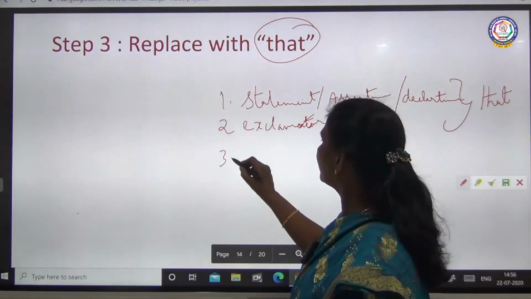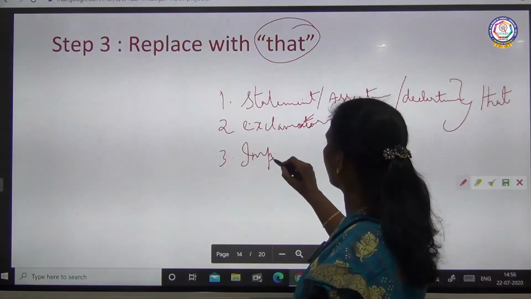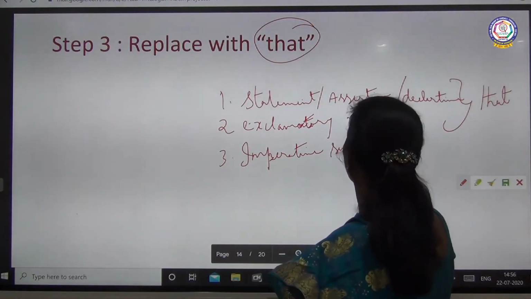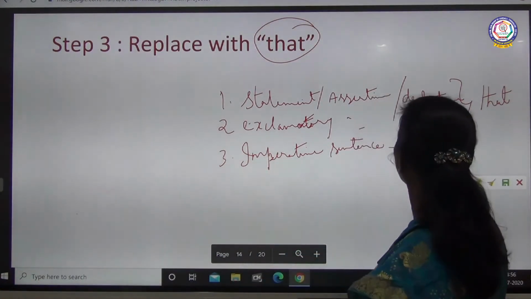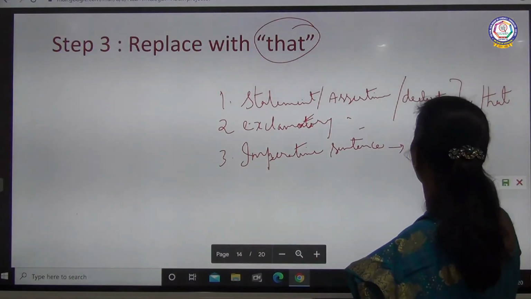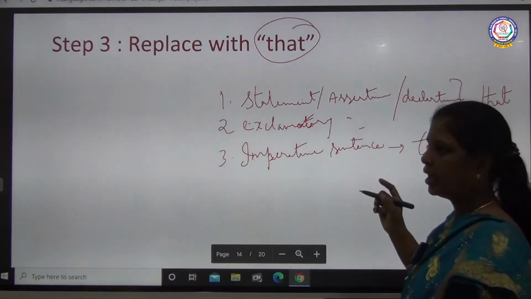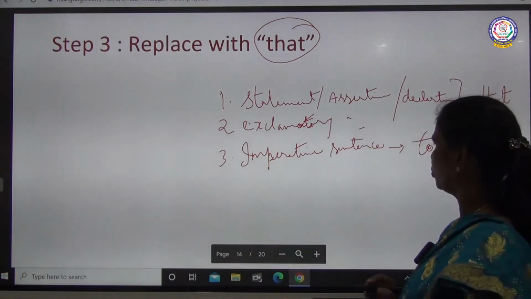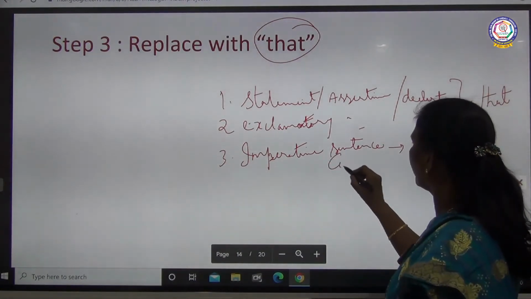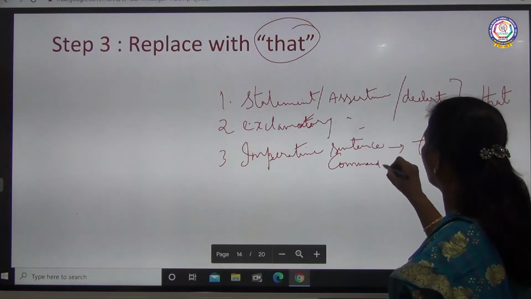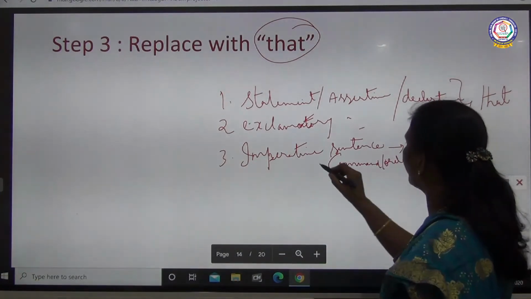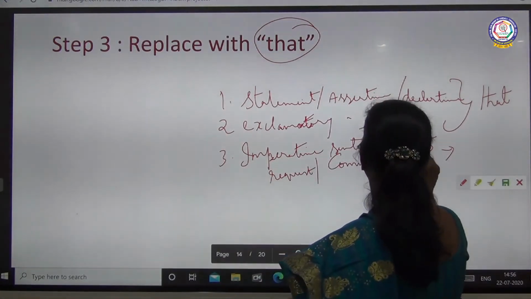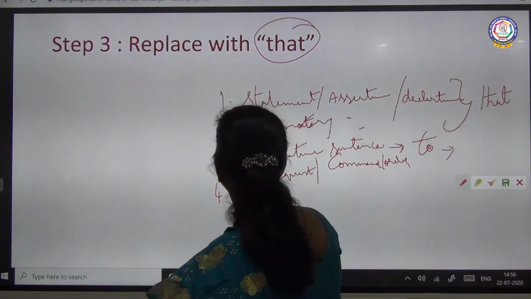And the imperative sentence will be having the conjunction to. It is a command, order, or a request. So they will be having conjunction to. And fourth, interrogative.